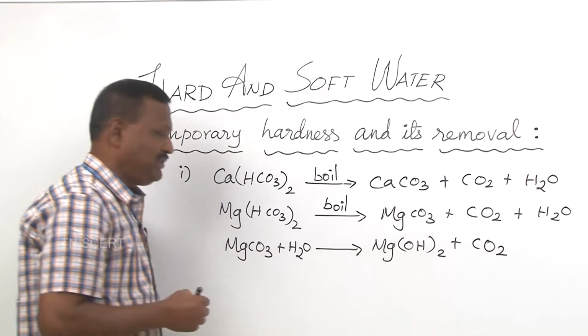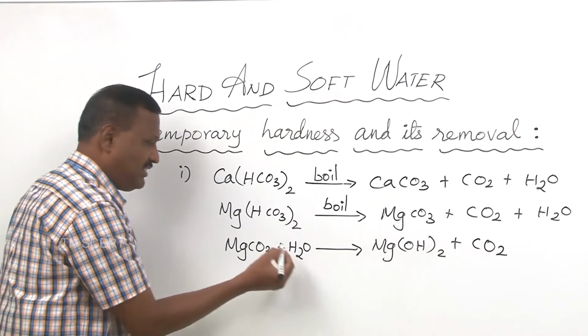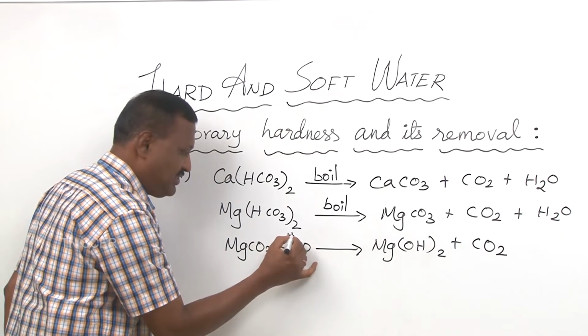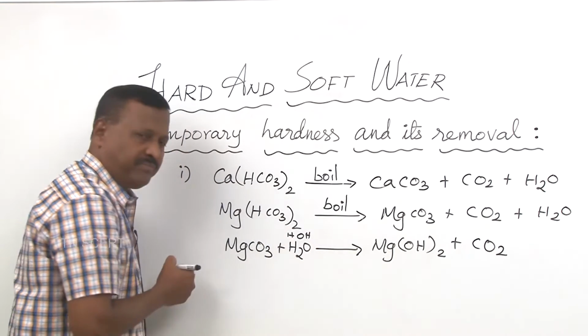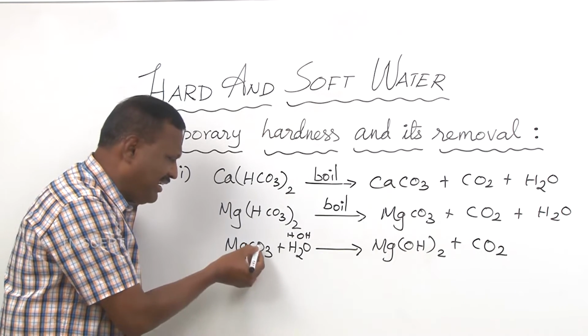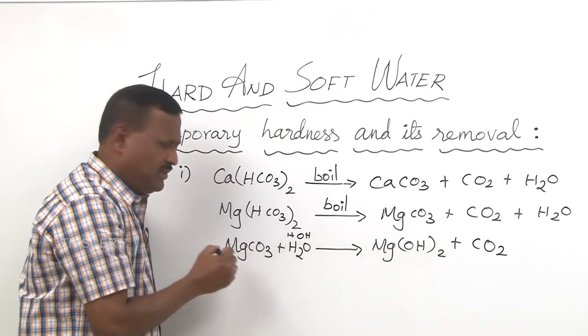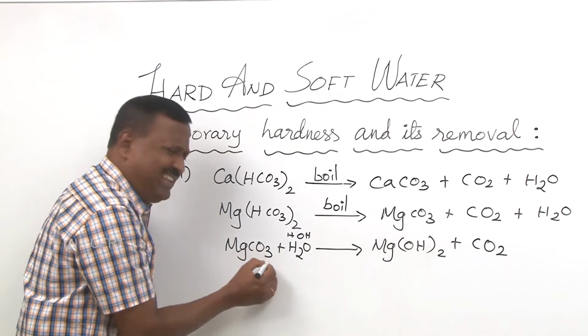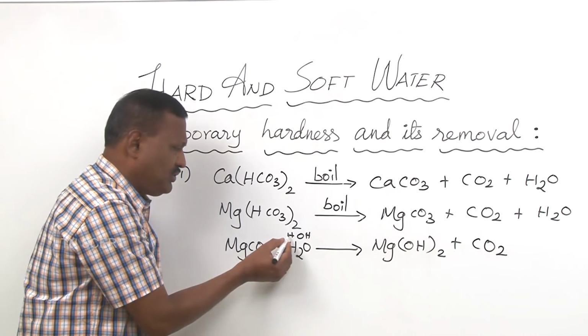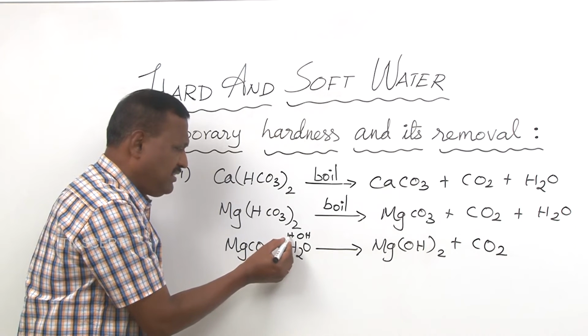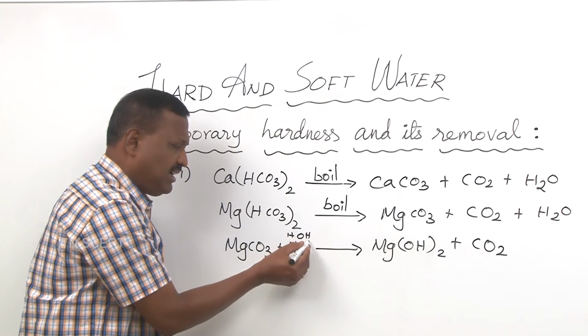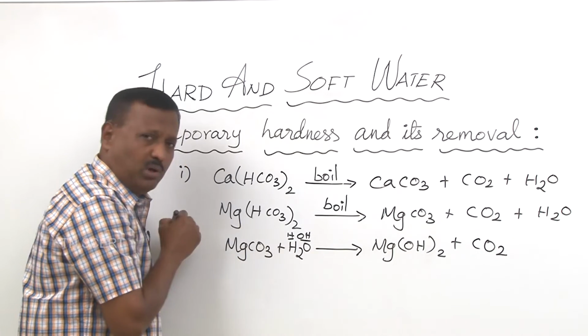To balance this equation, you know water is a composition of H and OH. Carbonate releases one oxygen to form carbon dioxide. That released oxygen goes to the water to make the hydrogen into OH. Totally we get double OH.